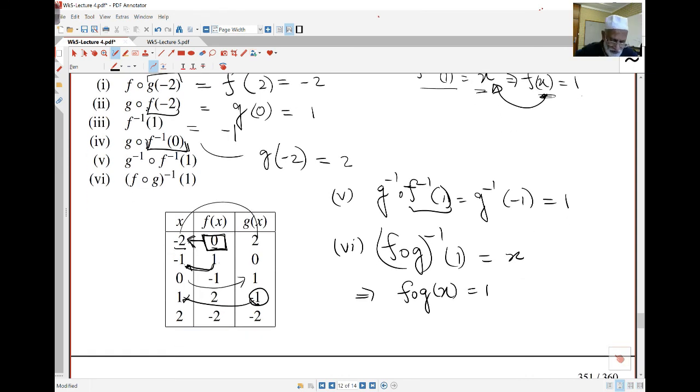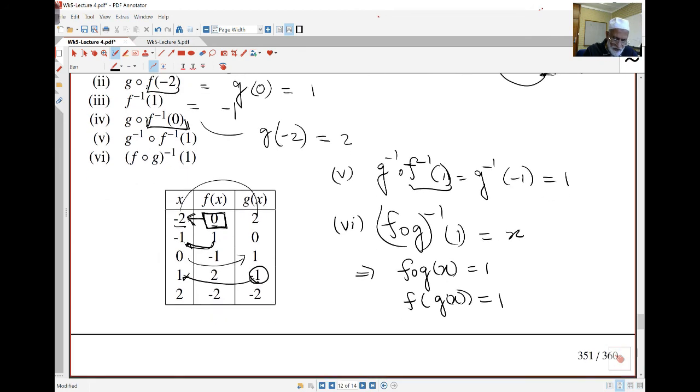So that means, first of all, f at some point g of x is equal to 1. So on the value of x where f of x is equal to 1, f of x is equal to 1 at -1.